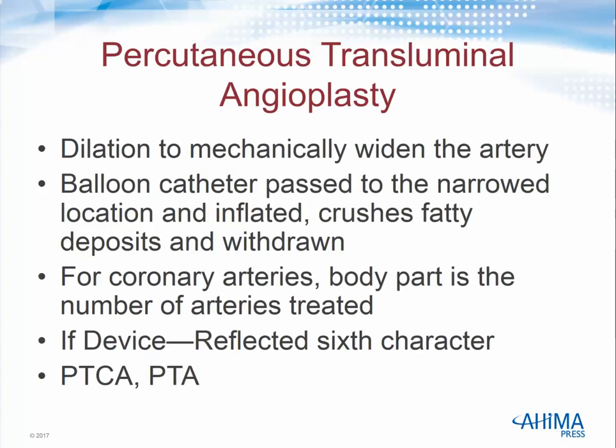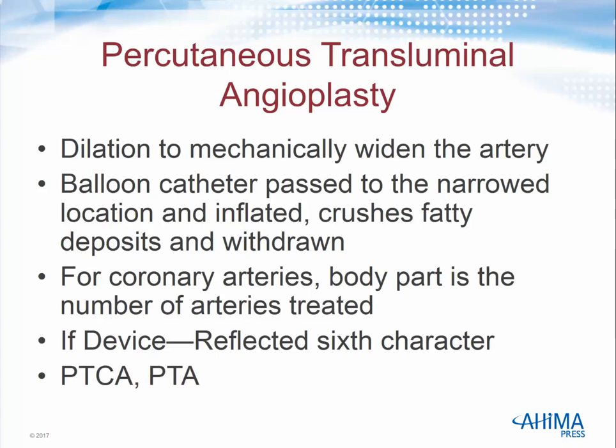The coding guideline of B4.4 relates also to PTCAs. That guideline talks about coronary arteries, plural, being classified as a single body part that is further specified by number of arteries treated. One procedure code specifying multiple arteries is used when the same procedure is performed, including the same device and qualifier values.